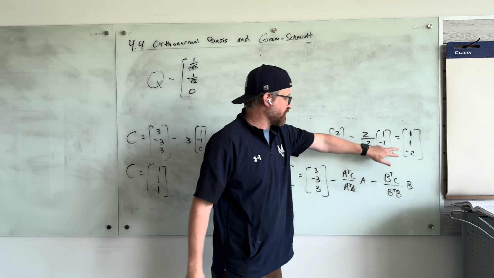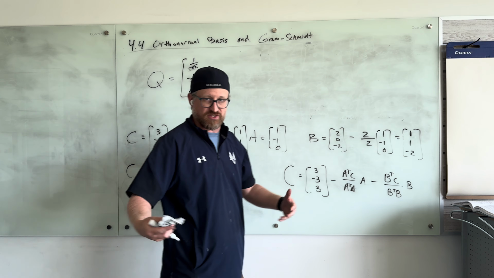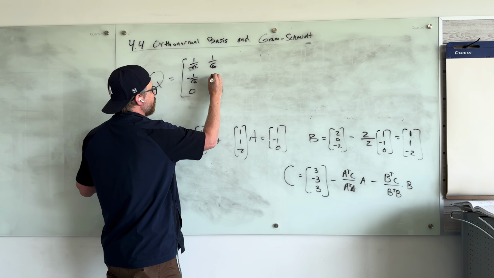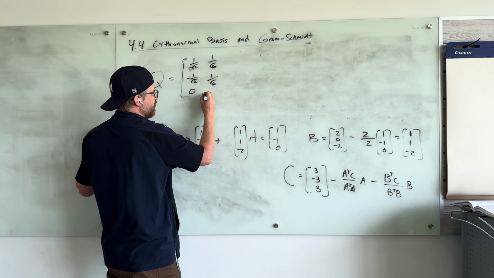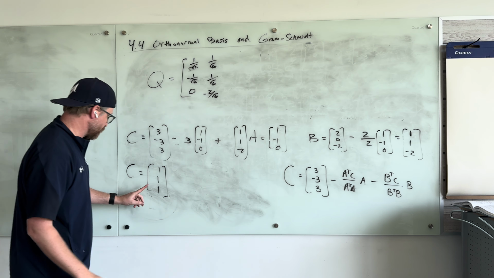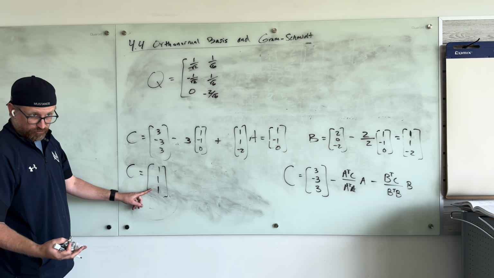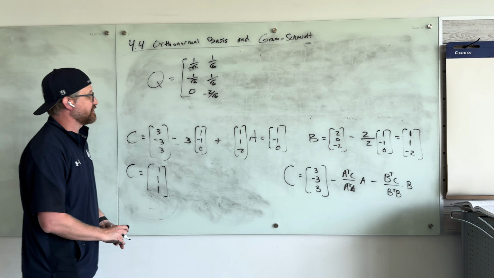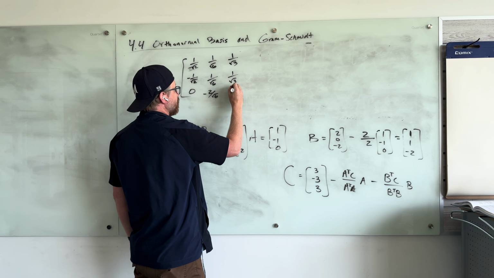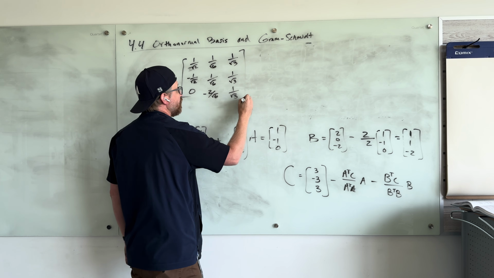B, again, when I dot this, we got 6, so the square root of 6 would be its length. So this would be 1 over root 6, 1 over root 6, and then negative 2 over root 6. And then C, our answer here, would have a magnitude of 3, really quick, really easy to see. This gives me 1 over radical 3, 1 over radical 3, 1 over radical 3.